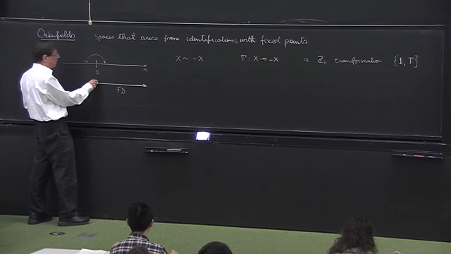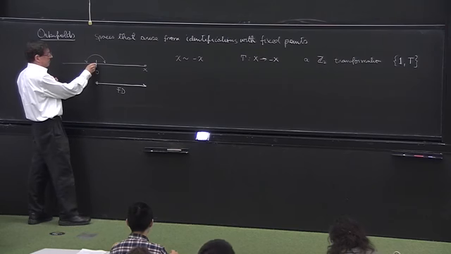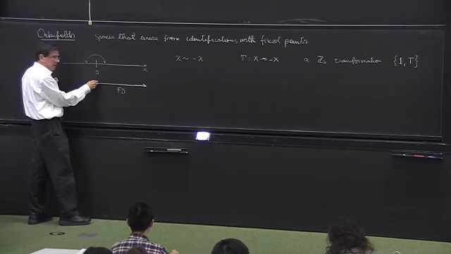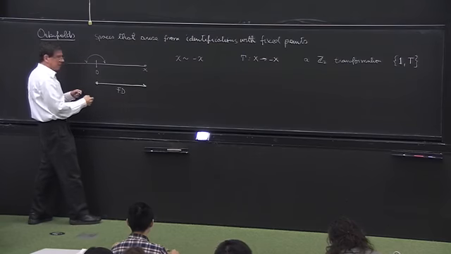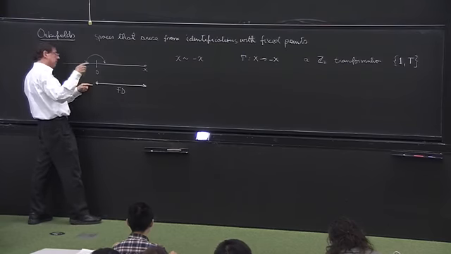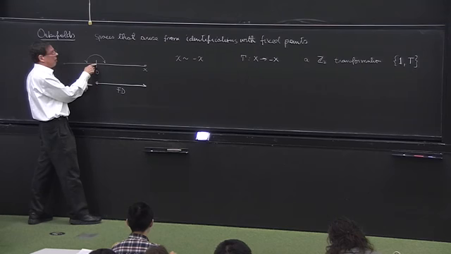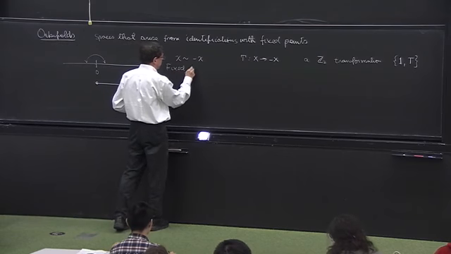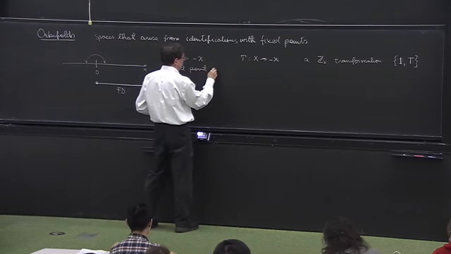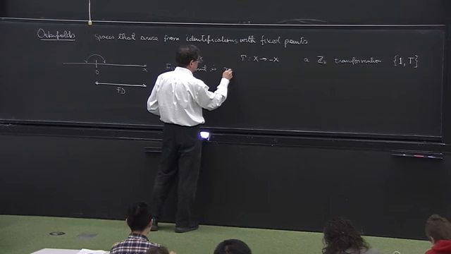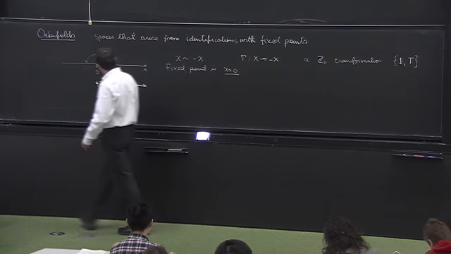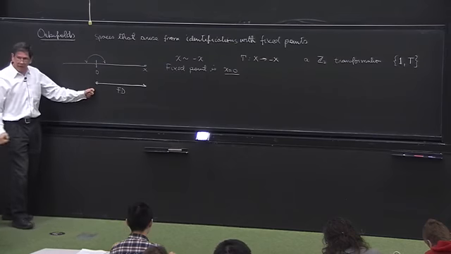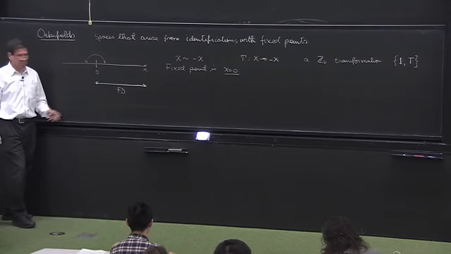But there's 1 point that is identified with itself. So there's no 2 different points that are identified. But this point, the identification leaves it fixed. The origin is fixed. So the fixed point is x equals 0, and therefore this is a half line.